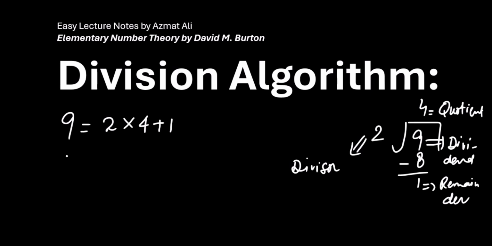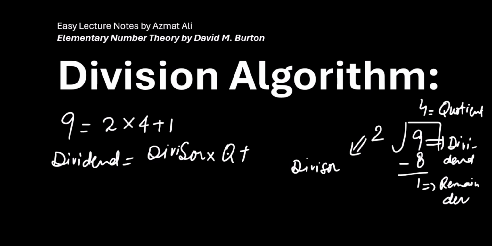That is, dividend is equal to divisor multiply quotient plus remainder. And this equation is simply called the division algorithm.